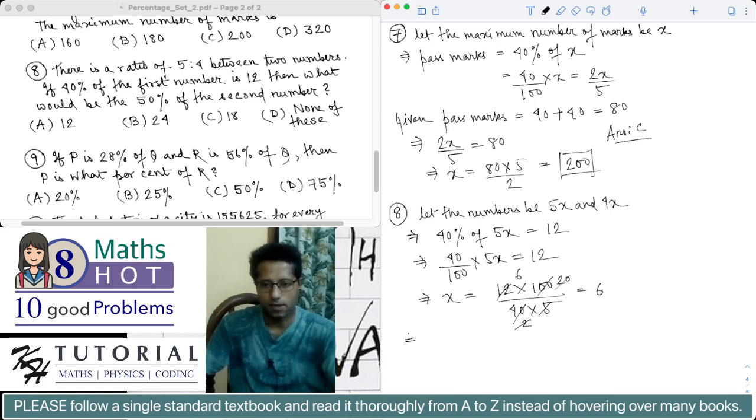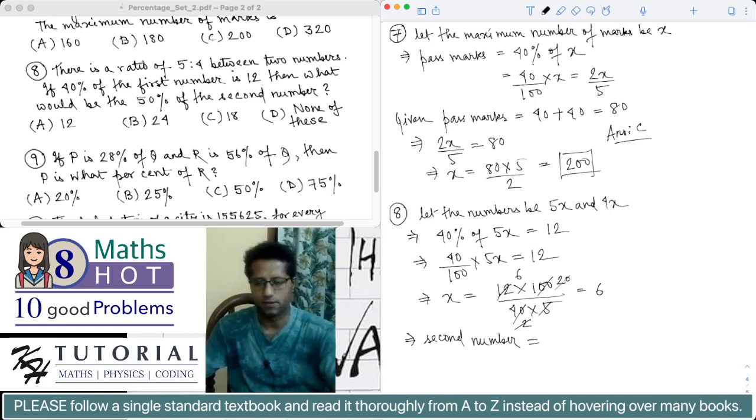So x is 6. So we can say the second number will be equal to 4x, that is 4 into 6, that is 24. Now it is asking what is 50% of the second number. This implies 50%.